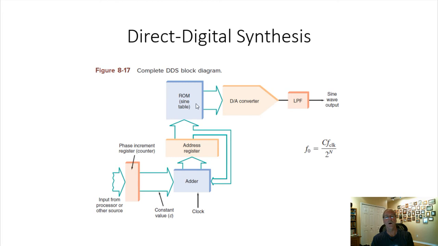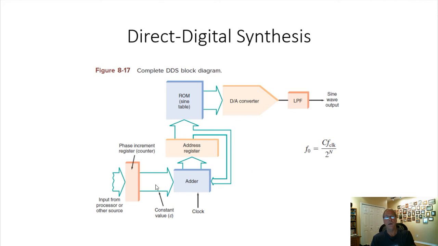So if there's one complete sine wave in this ROM table, all the values of a sine wave digitized from 0 to 65,535, and we go through that sine wave in 1 millisecond, what's 1 over 1 millisecond? Well, it's a kilohertz. You're going to get a 1 kilohertz sine wave coming out.